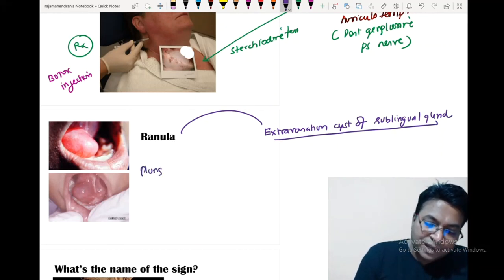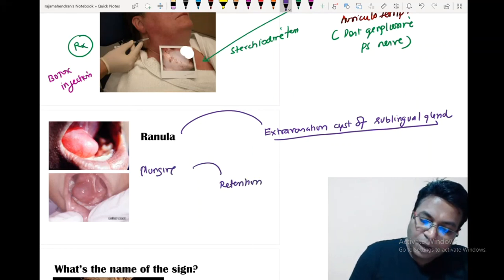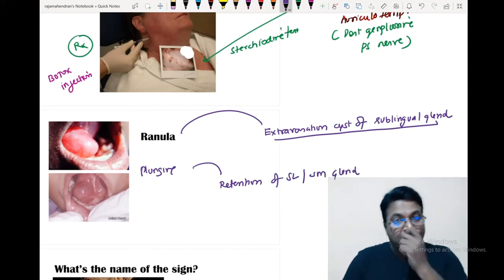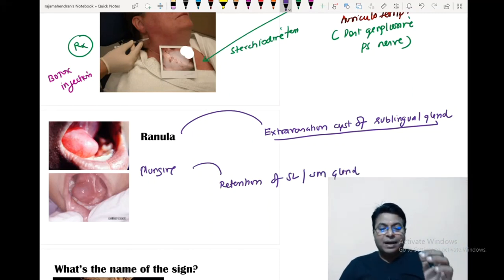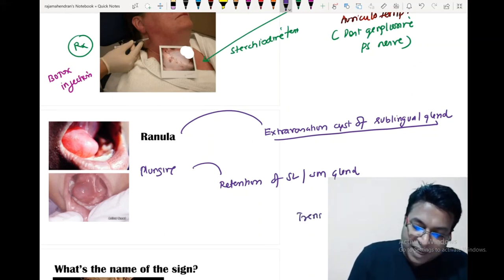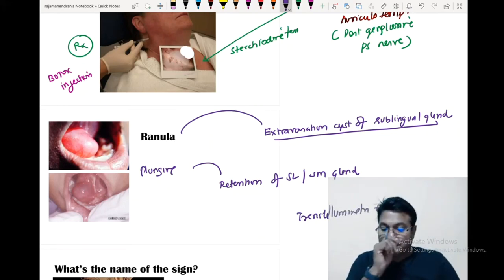Plunging ranula is a retention cyst of the sublingual or submandibular gland. Ranula is an extravasation cyst. Excellent transillumination will be seen in both cases.